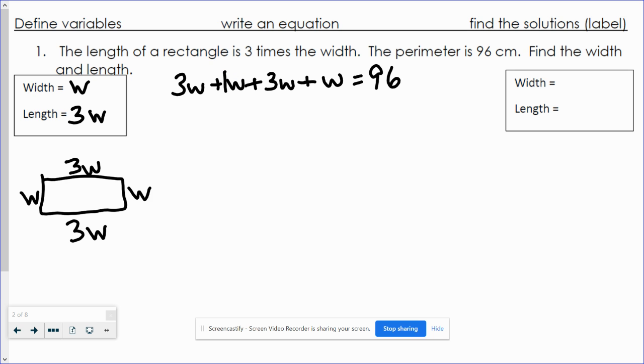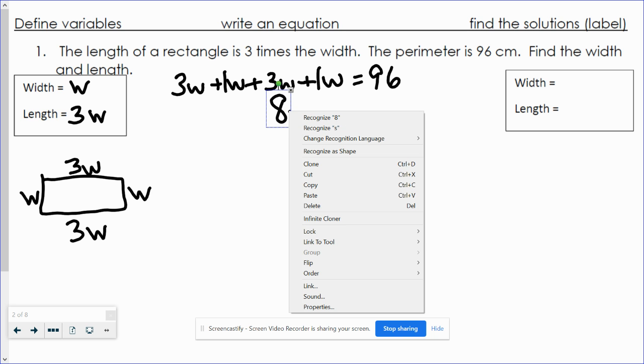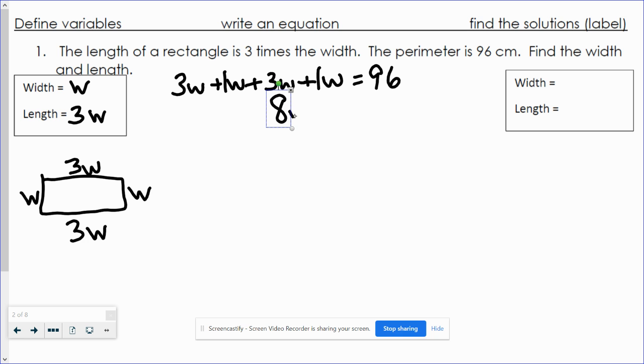So when I add all of these W's up, I've got 3 and 3 is 6, and then another 2 would be 8W. 8W equals 96, and then we would divide both sides by 8, and I'm going to get that W, if you just divide that on your calculator, you would get 12.